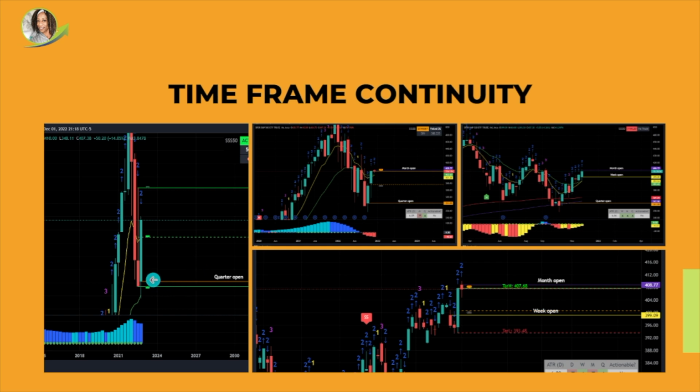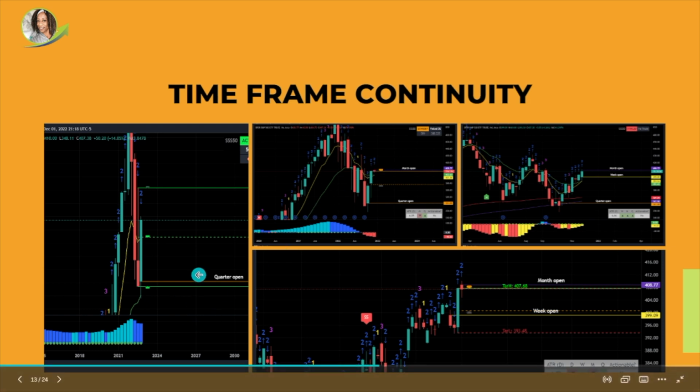When you have a new month, you will draw a new month line, or you can just move that month open, because you don't need to draw previous months. You just want to keep track of where the quarter is and where the current month opened.